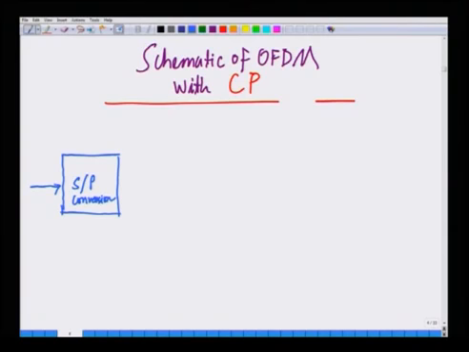There is an input serial data stream which I am converting into a parallel data stream. Subsequently, I load them onto the subcarriers, and similar to earlier, I take the IFFT of the data, in fact the N-point IFFT corresponding to the N subcarriers.